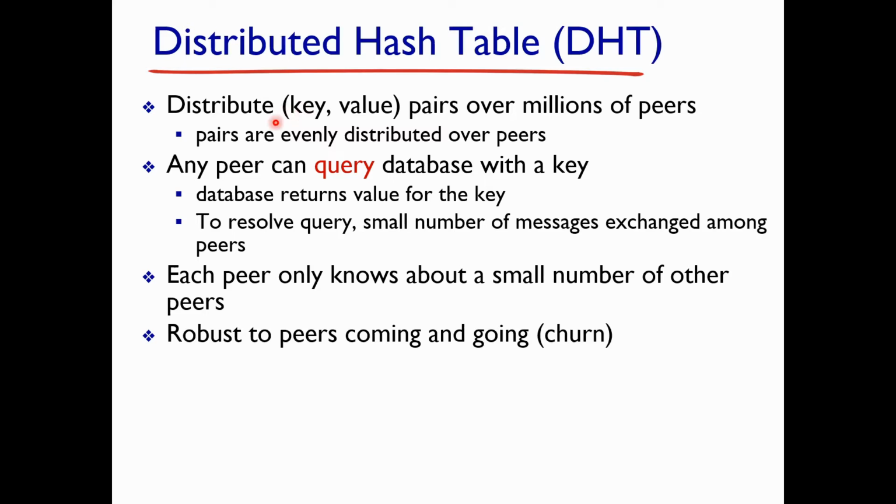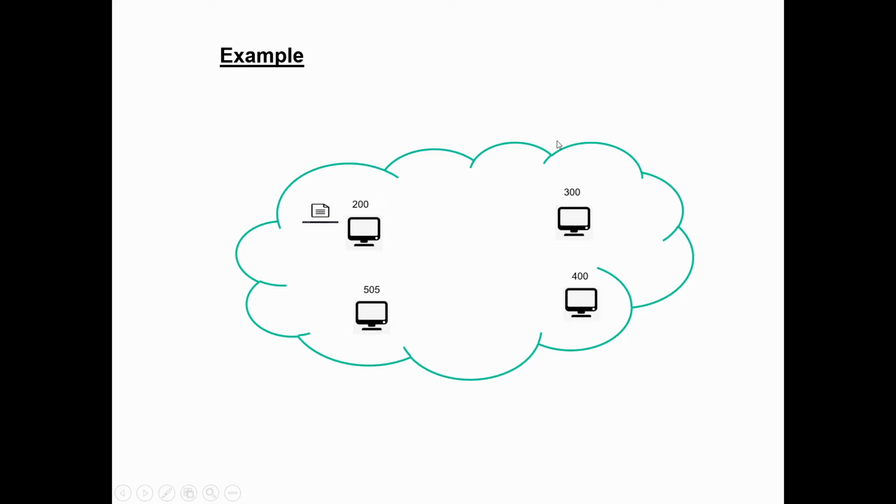To resolve this query, a small number of messages are exchanged among the peers, and each peer knows only about a small number of other peers. This distributed hash table is robust to peers coming and going, that is, to peer churn.